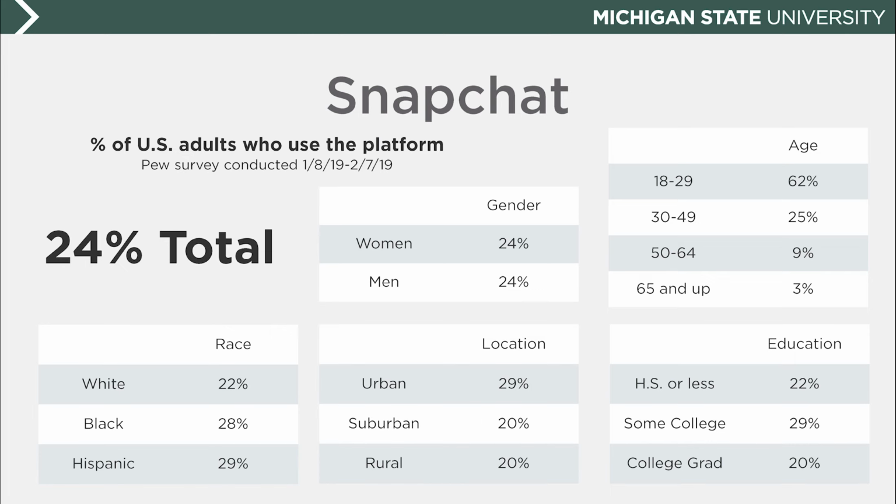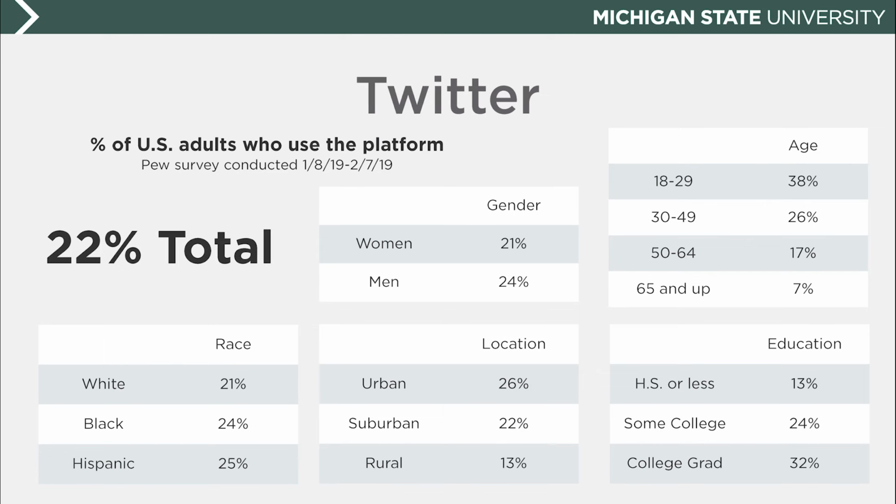Snapchat is 24% of US adults. Again, as you would probably expect, this is skewing much more in the young demographic of 18 to 29, so heavily used more in our current students and young alumni groups. Twitter, this might be surprising, is only 22% of US adults using this platform.